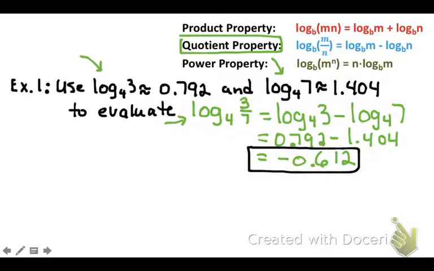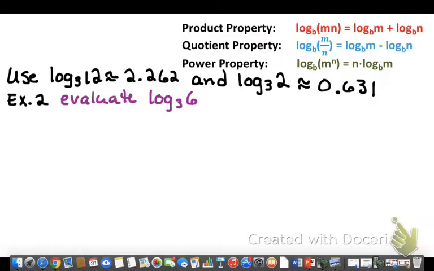So next we're going to be given some different values and use 3 separate examples. So here we're given log base 3 of 12 and log base 3 of 2, and we're asked to evaluate log base 3 of 6, so it doesn't quite fit. So we're going to have to manipulate it a bit so we can use the quotient property.